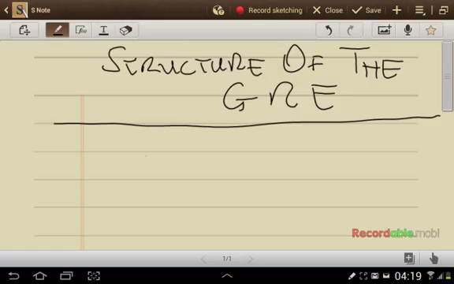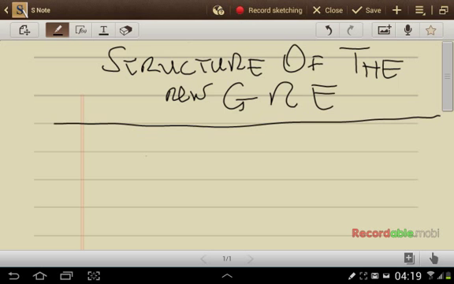It's good to let you know that there was an old system and it was phased out. So we have a new GRE. Now the new GRE is made up of 3 major sections.